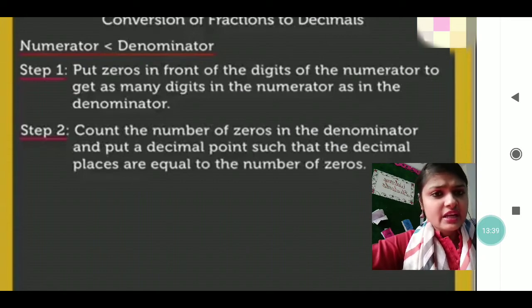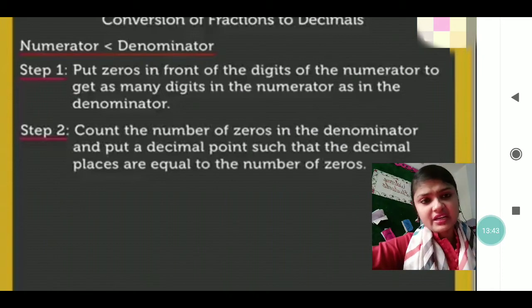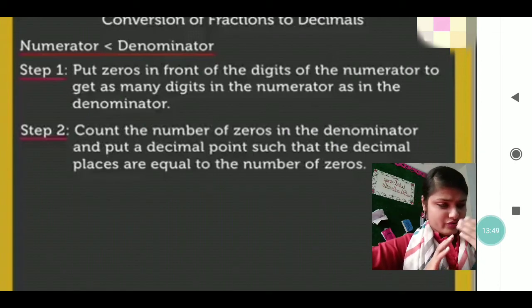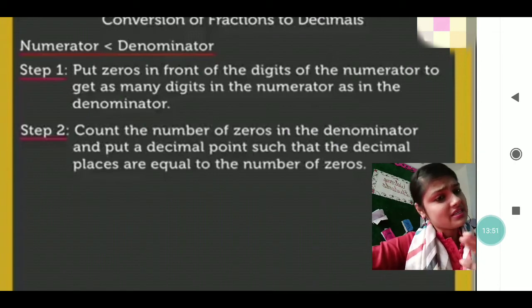The number of zeros in the denominator column helps us make the decimal places equal.